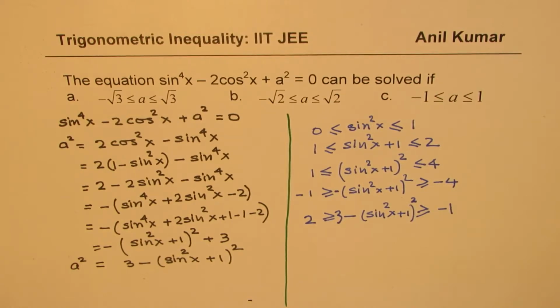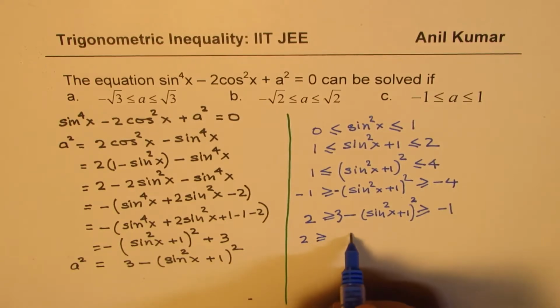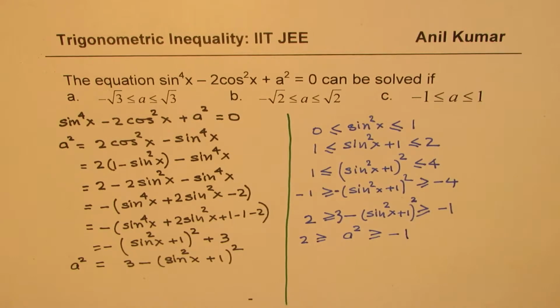Now, in this particular case, the center term here, 3 minus sine square x plus 1 whole square, is basically equal to a square. Correct? So we can write this as 2 is greater than or equal to a square, which is greater than or equal to minus 1. Now, a square is always positive, right?